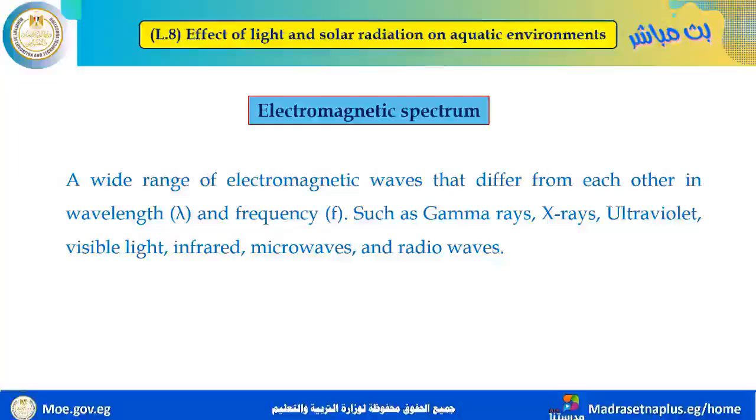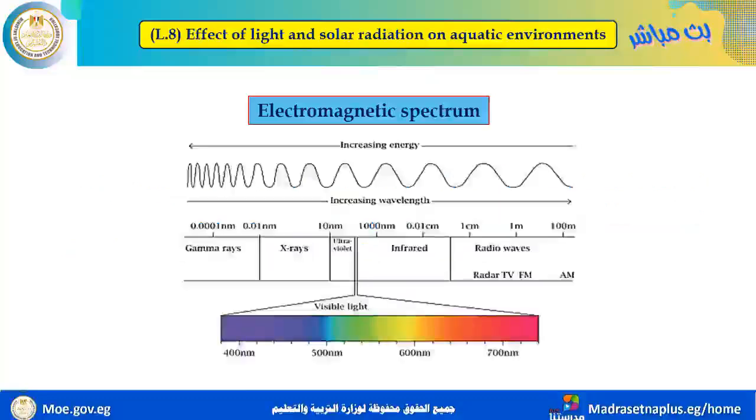So this is the first thing we need to know exactly: the concept of the electromagnetic spectrum. This graph represents the electromagnetic spectrum, which starts with gamma rays, which have the highest frequency and the highest energy, then X-rays, then ultraviolet, and a very small portion, which is the visible light, ranging from 400 nanometers to 700 nanometers in wavelength.